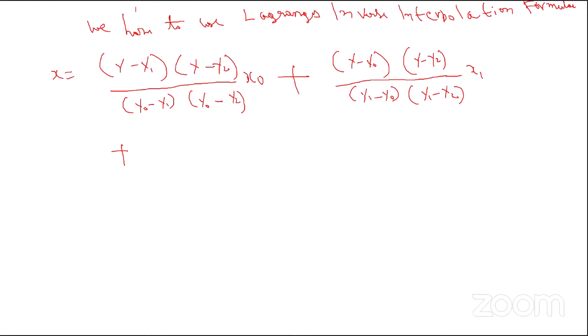(y minus y0)(y minus y1) whole divided by (y2 minus y0)(y2 minus y1) into x2.